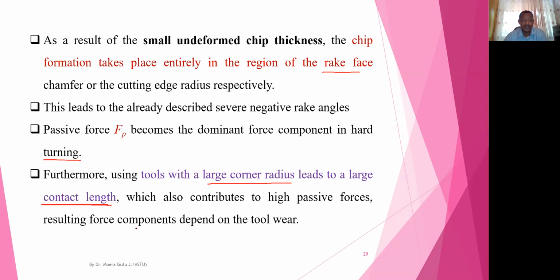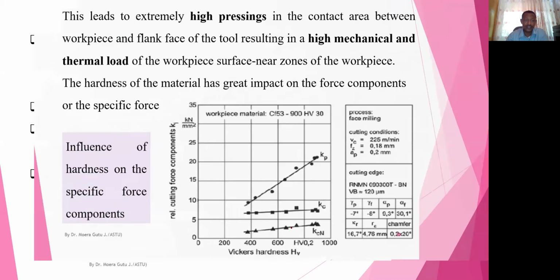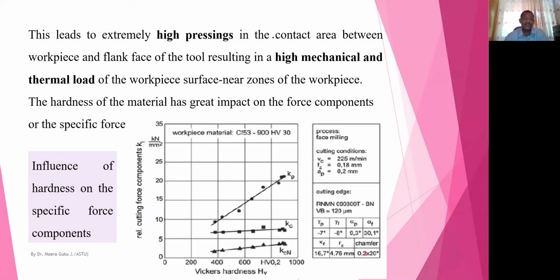Resultant force components depend on the tool wear. So the more hydrostatic cutting forces applied may increase the level of crack formation in the workpiece. So this leads to extremely high pressing in the contact area between the workpiece and the flank face of the tool, resulting in high mechanical and thermal loading, which should be avoided.